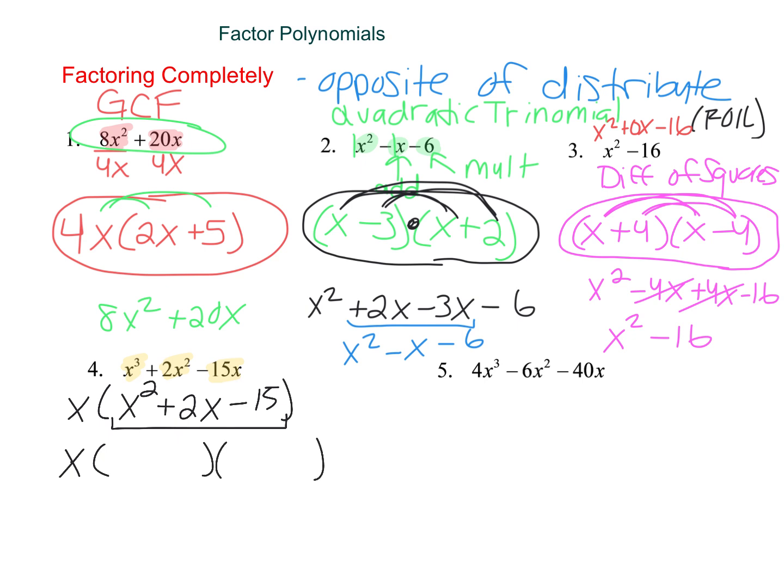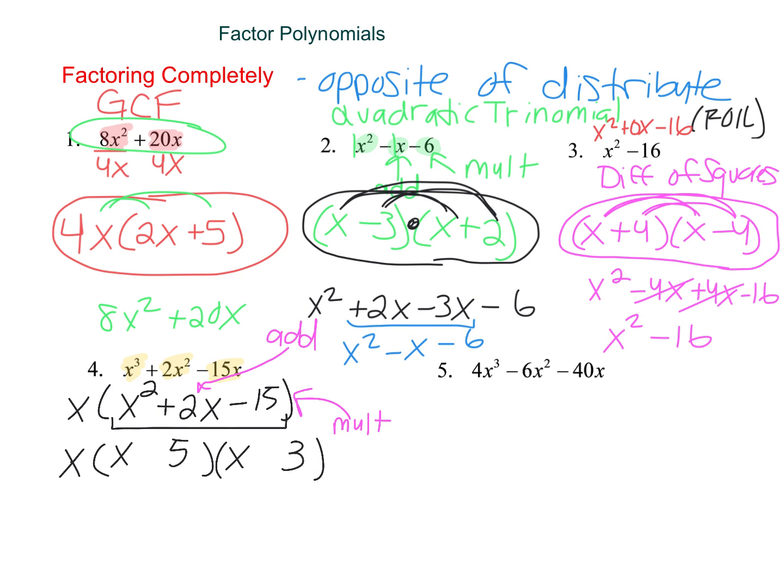Then I have a quadratic trinomial left over. So I can factor this further the same way I did on example 2. I have an x squared, so that tells me my letters are x and x. And I'm going to look for two numbers that multiply to -15, or have a product of -15, that also add to 2, or have a sum of 2. So numbers that multiply to -15 could be 5 and 3.